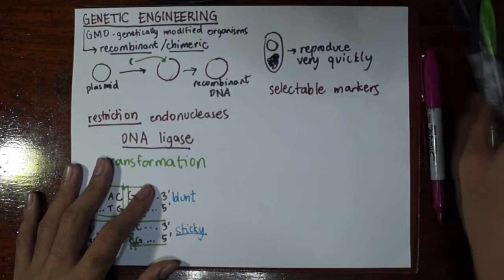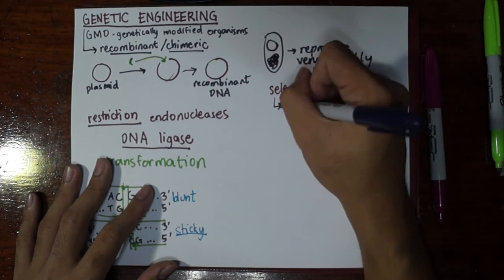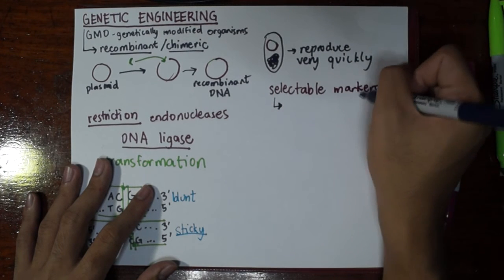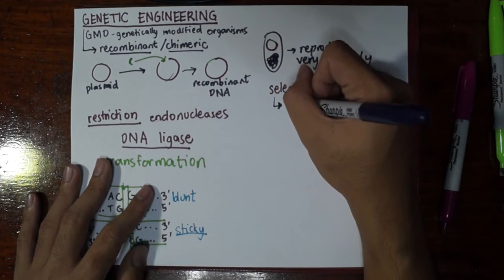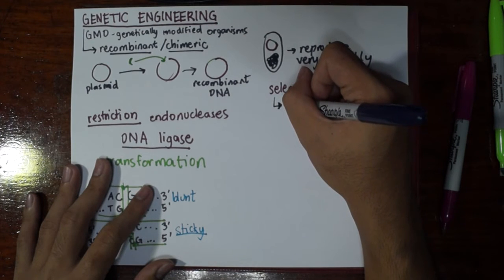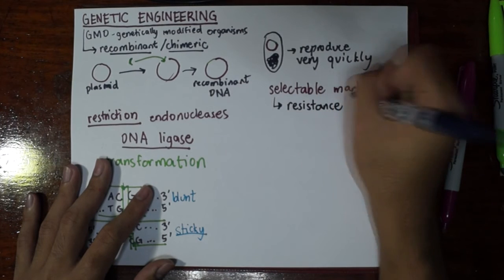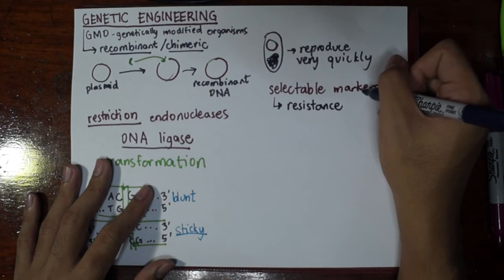And luckily, one obvious characteristic of selectable markers is that it confers resistance to a particular antibiotic.